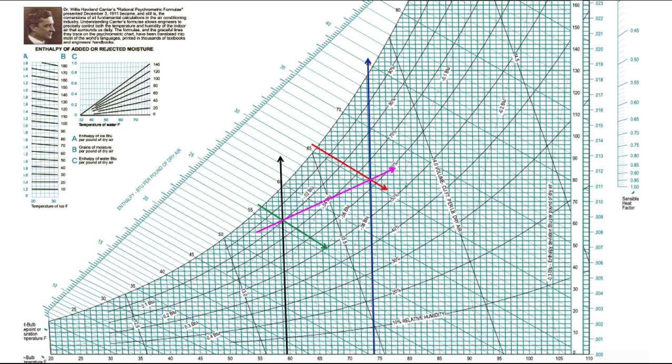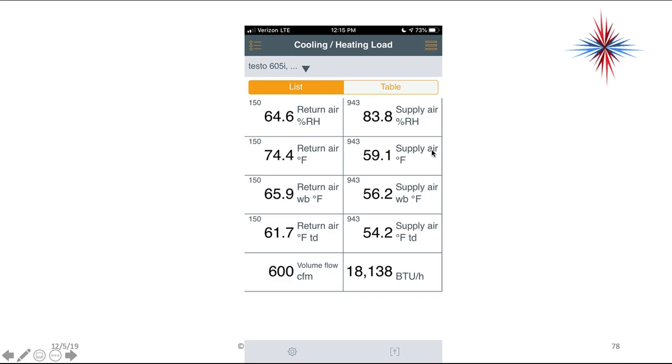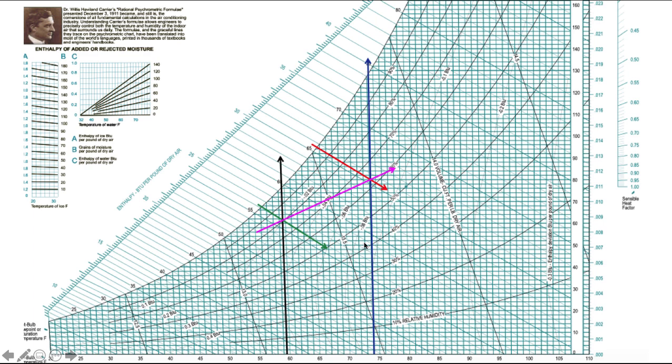So what we've done is my return air dry bulb is here, 74 point something. That's my blue arrow. Then we take our wet bulb, which is the red, and we come to the point where they cross. That is my plot point for my return air.